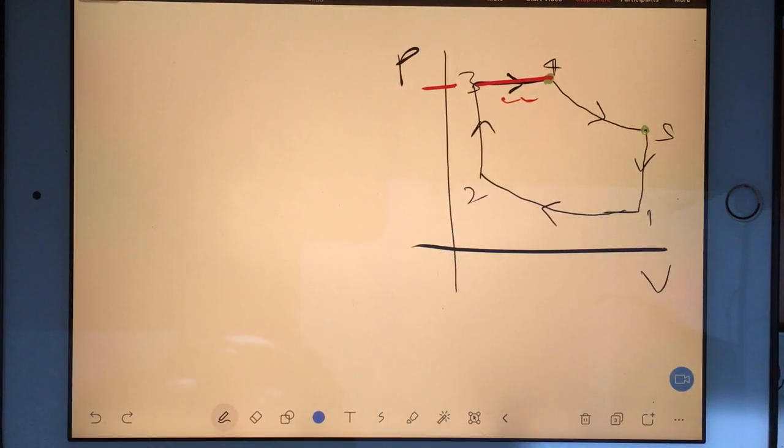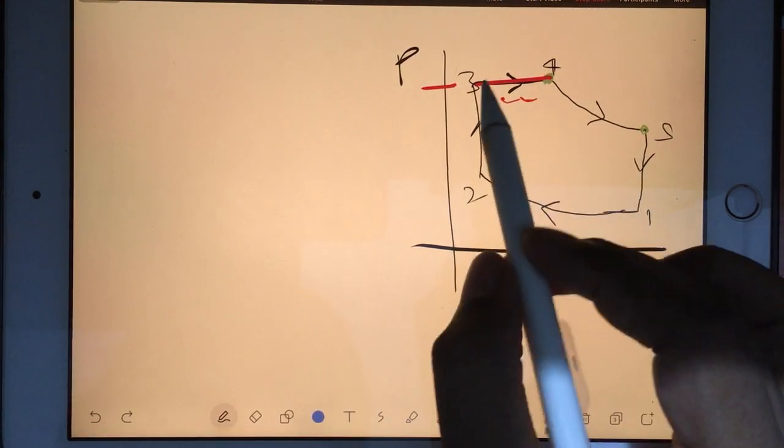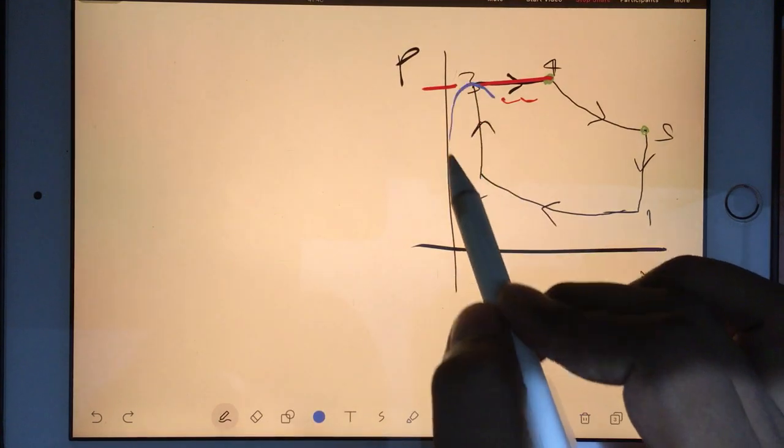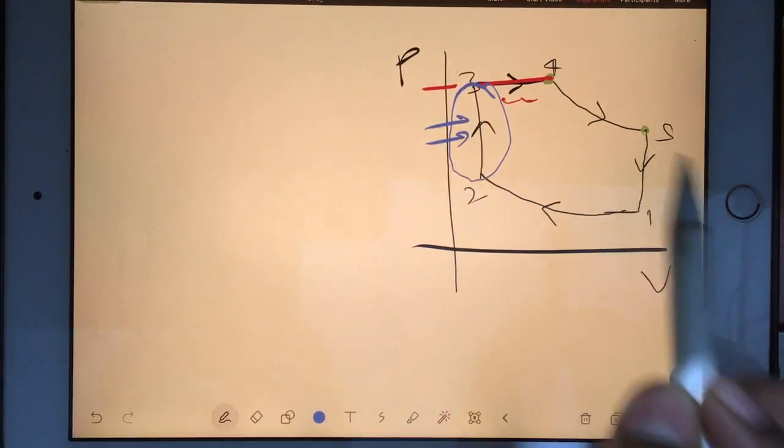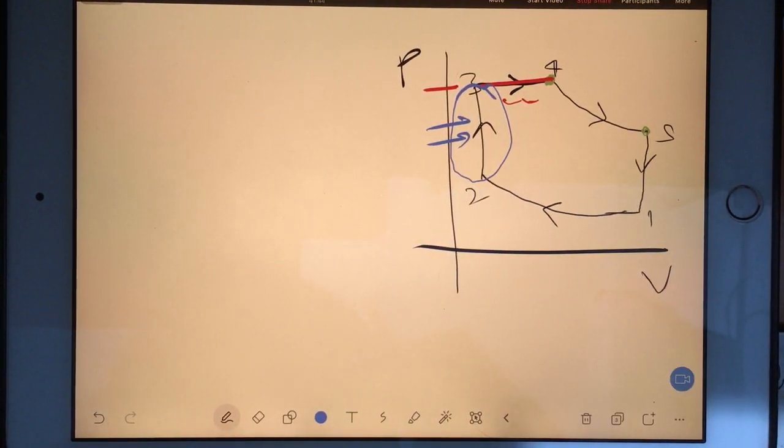So Gaurav, you tell me, what is the name for this process, 2 to 3 process? Gaurav, am I audible?